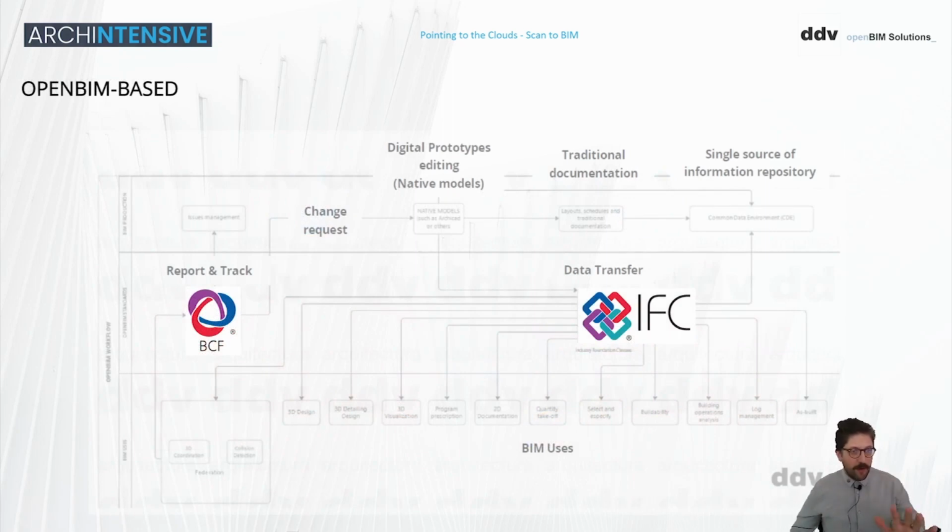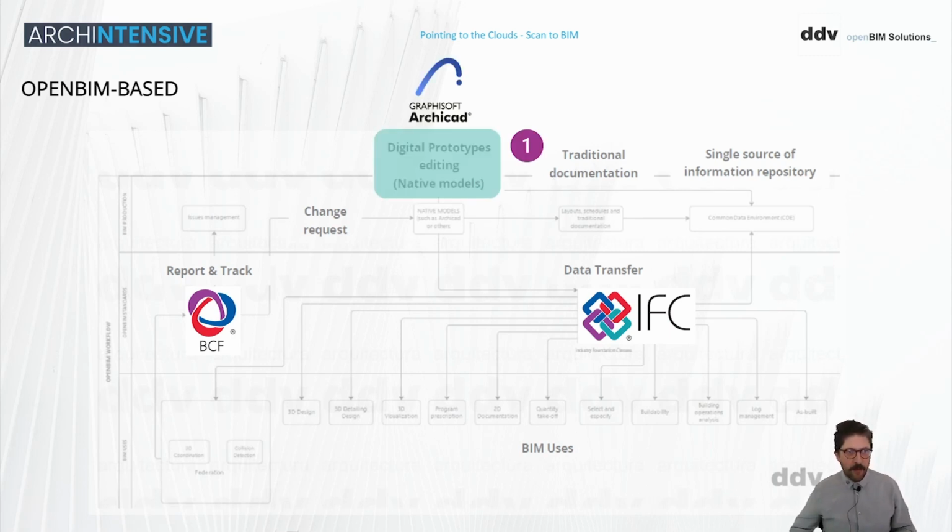So this is our particular approach here. We combine, because we are applying it in any activity within our company. It's an openBIM based workflow as well. And for those who still don't know about this, as a summary, we are creating information models from a native environment. In this case, of course, our Graphisoft Archicad.